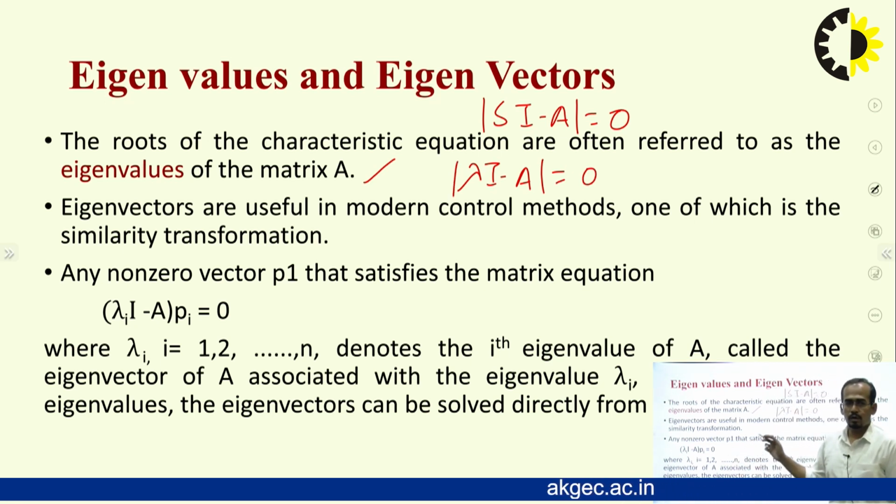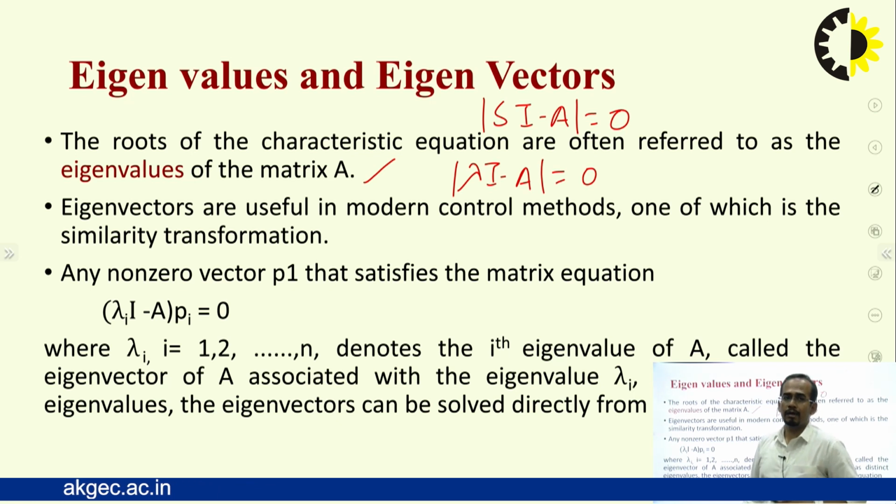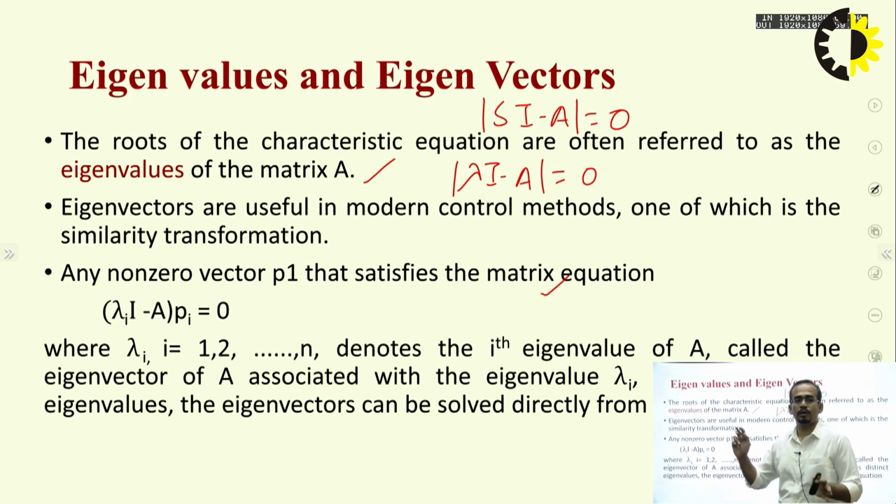Eigenvectors are useful in modern control methods, one of which is similarity transformation. So for finding the eigenvalues and eigenvectors, what will I do?